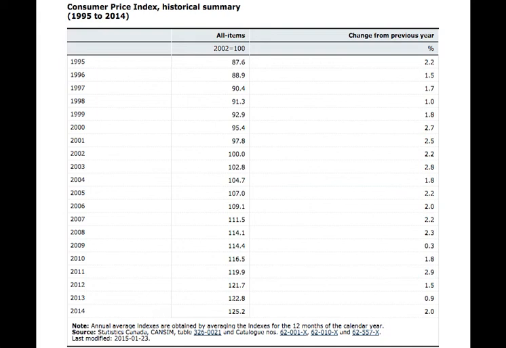So, for example, the teachers and the province just came to an agreement, and part of that agreement was a 1% increase in wages for the teachers, right? But if inflation this year is 2%, that 1% increase in wages is actually them losing money because prices are all higher.